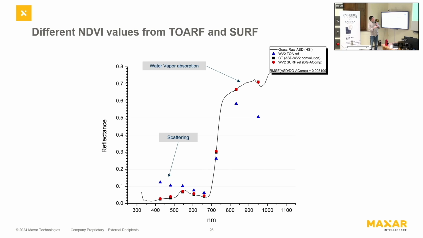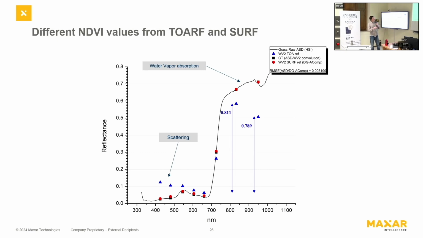Now, if you use top-of-atmosphere reflectance, you also notice that there is something going on here. And there is a really big water vapor absorption region around 900 nanometers. And so if you don't account for water vapor, your near-infrared and red edge bands will not be very, very accurate.